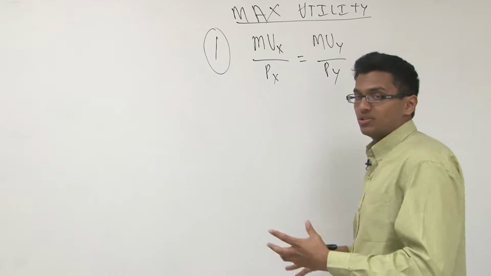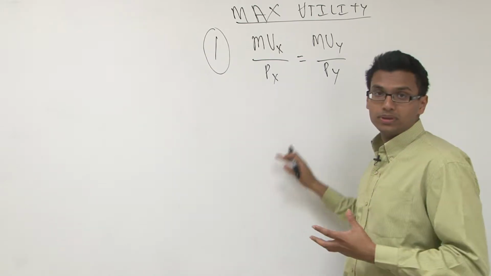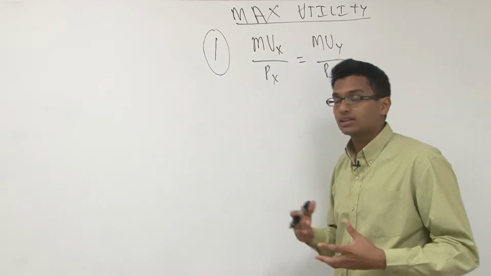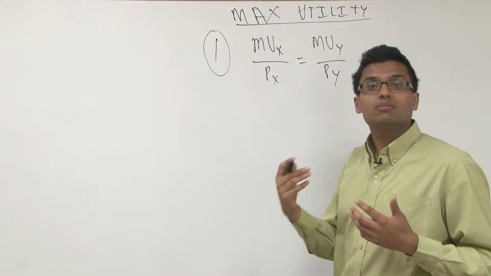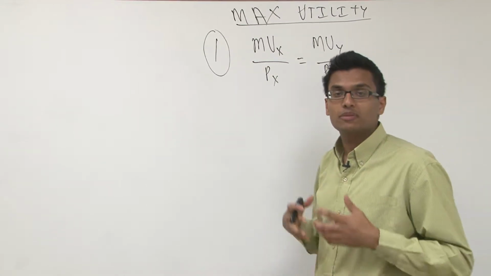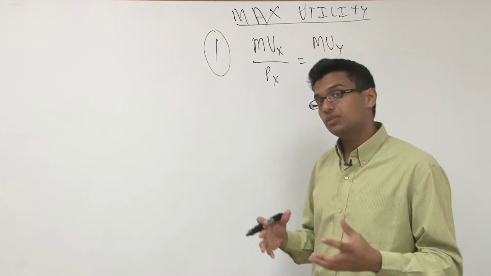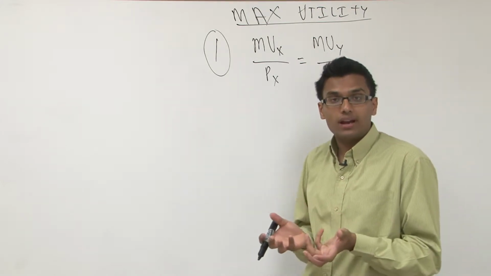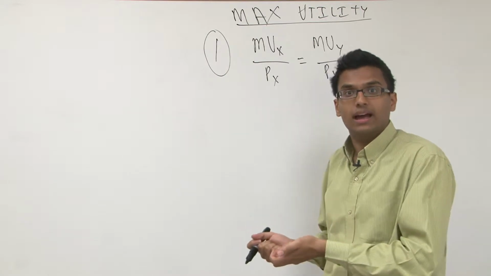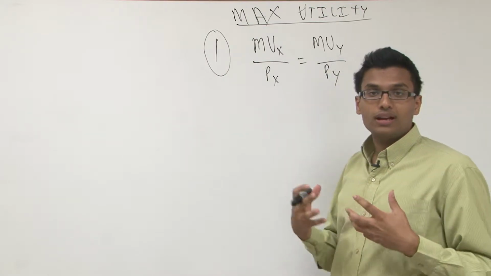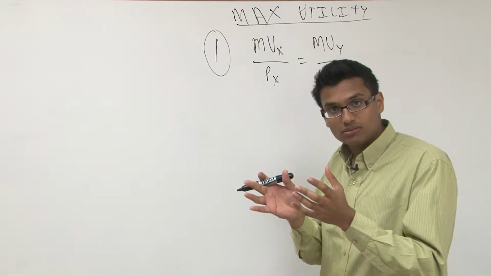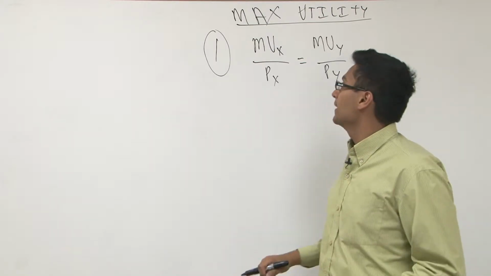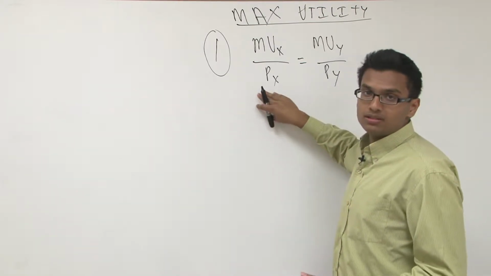These ratios are important because in problems like these, when you have to find the best bundle for the maximum amount of utility, what you want to do is find certain combinations of products and find the best utility out of that. The way we find those combinations, those bundles, is that we know that the prices are always fixed.